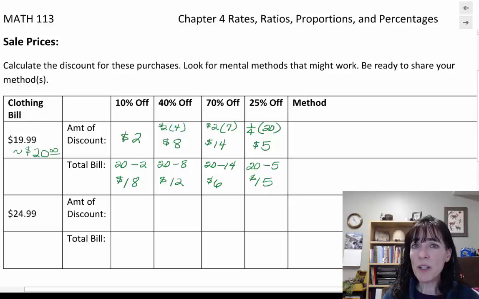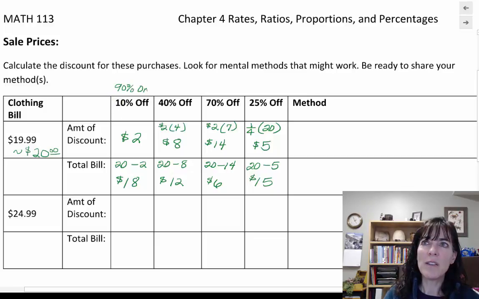Now, I want you to know that if you didn't come up with the same ways I did to do the discounts, that's okay. There are a lot of different ways to do it. And you can also think, if you know that it's 10% off, you can think, well, that's 90% on. 40% off is 60% on. 70% off, and this is where it actually helps you, that's going to be 30% on.